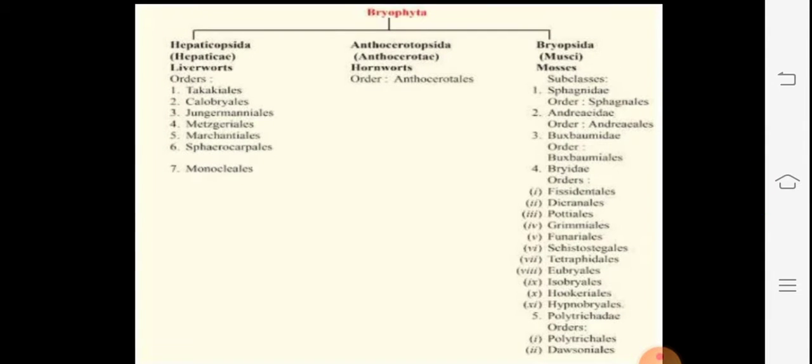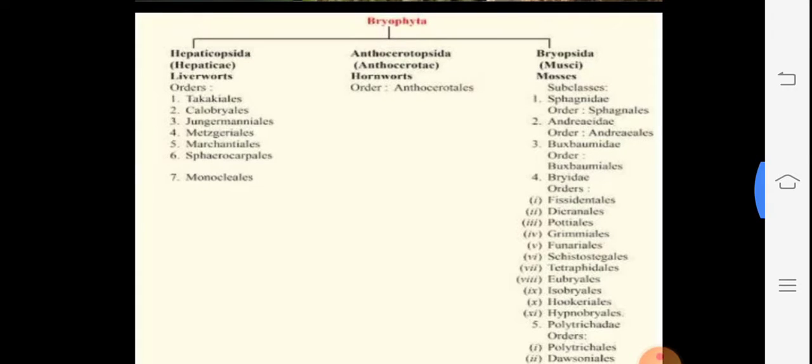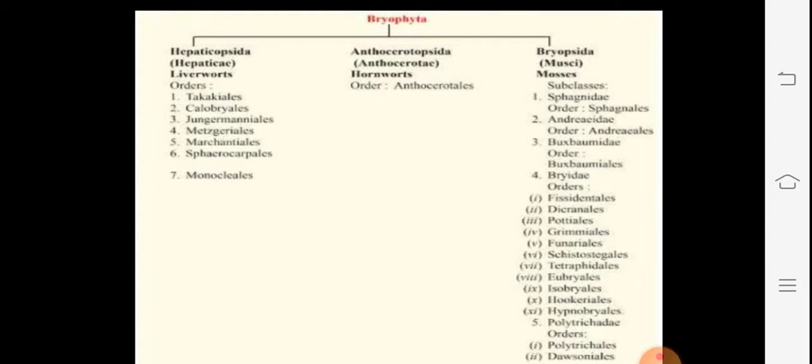Because each and every thallus or character is in specific habitats, they are developing physiological changes. So in Hepaticae we have already seen Treubiales, Calobryales, Jungermanniales, Metzgeriales, Marchantiales and Sphaerocarpales, and the seventh one Monocleales.